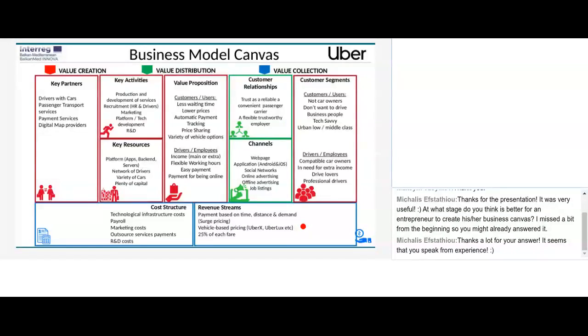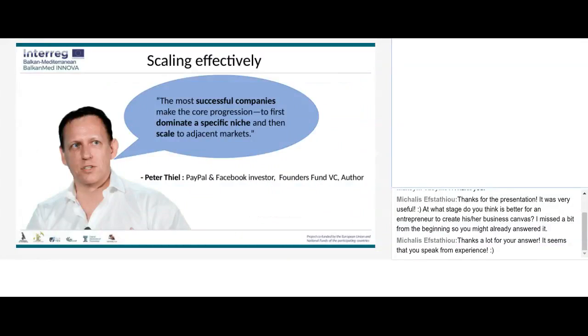If it's UberX or UberLux, it's definitely going to be different. And of course, we have to keep in mind that the percentage Uber takes from each fare is around 25%. That's from the driver's cut. So these are the elements of Uber's business model canvas.